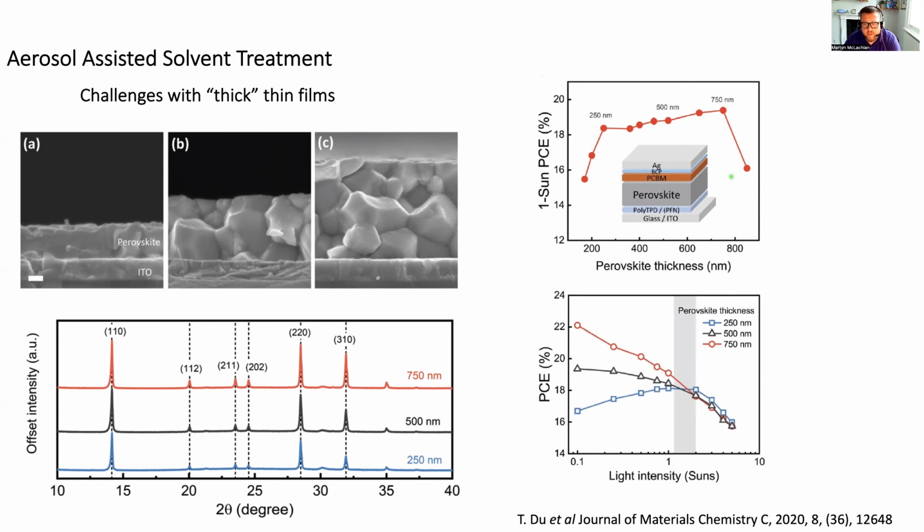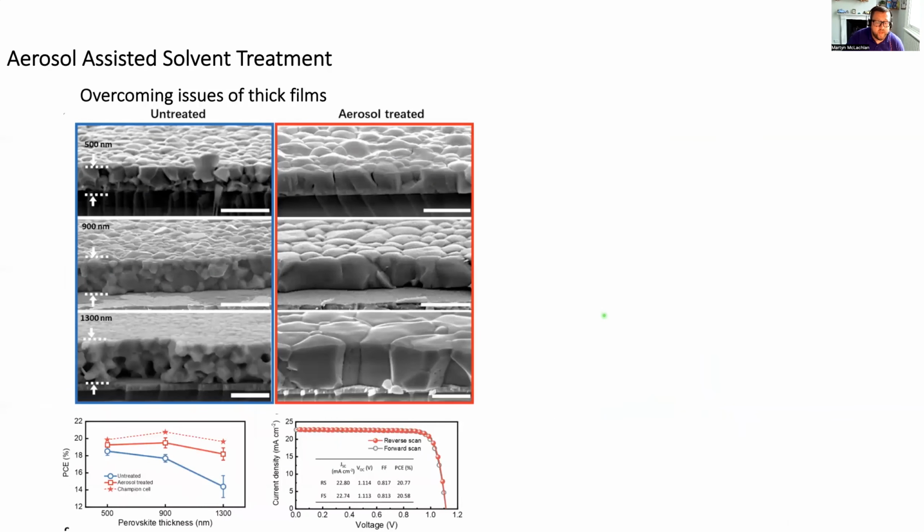In terms of PV, the desire to have thick films, particularly for low light applications, is evident here, where we see really excellent device efficiencies at low light intensity. Classically, we've been measuring our devices under 1 sun of illumination. Here at a 10th of that magnitude, we see a significant 5% increase in power conversion efficiency for the films that are thicker. So with the aerosol work, we demonstrated here that we can now produce rather thick films.